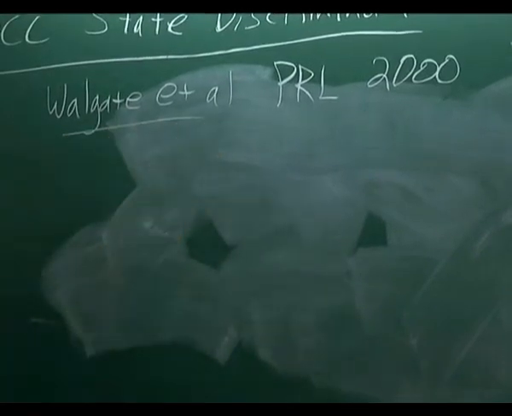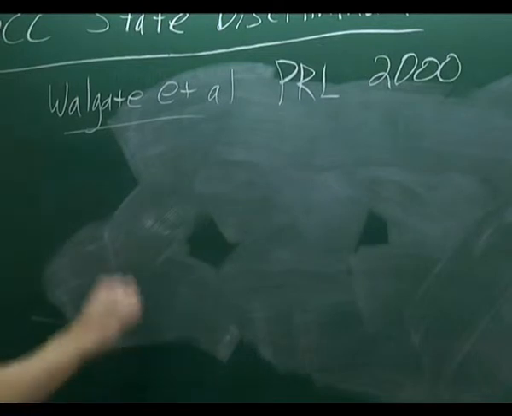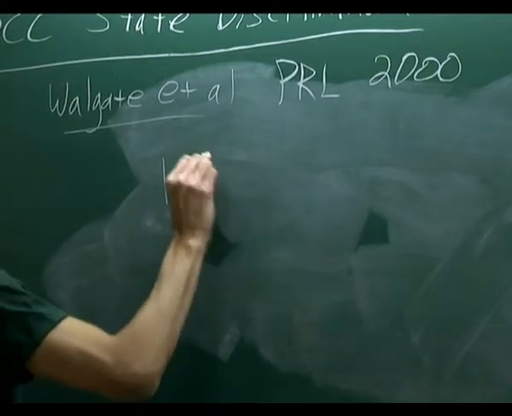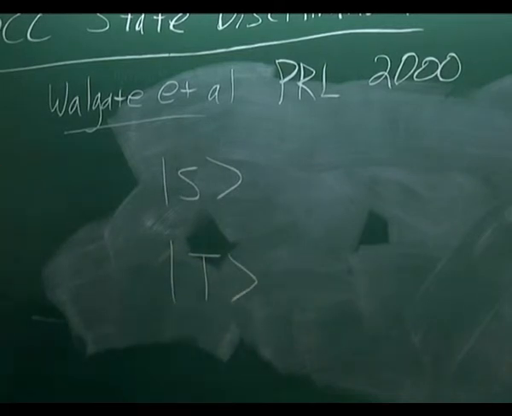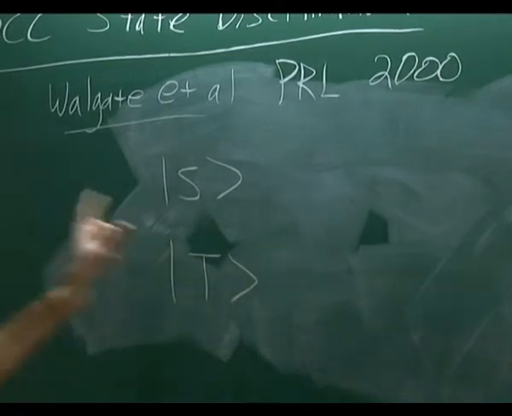And okay, so we're gonna sketch the Walgate proof here. So the two states that they want to distinguish, we'll call S and T. And these are orthogonal states.